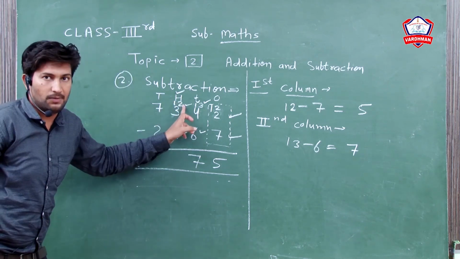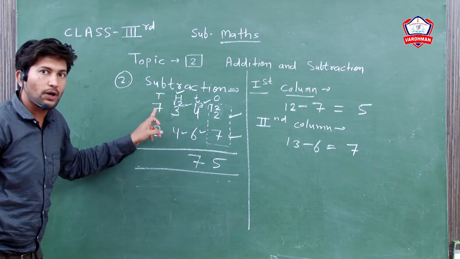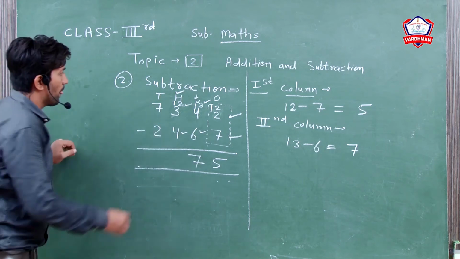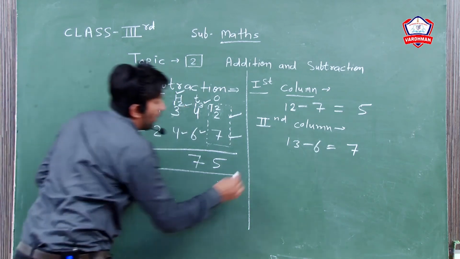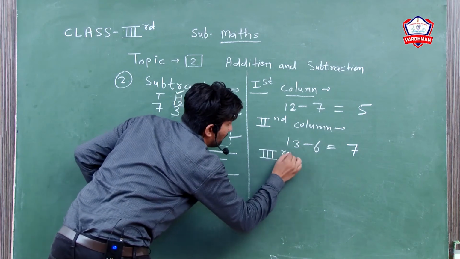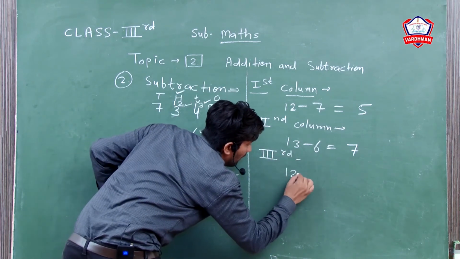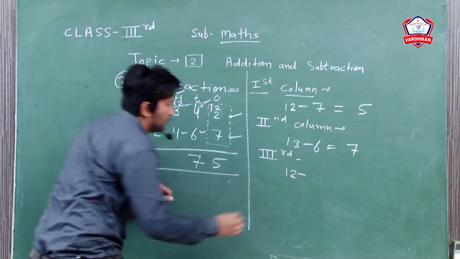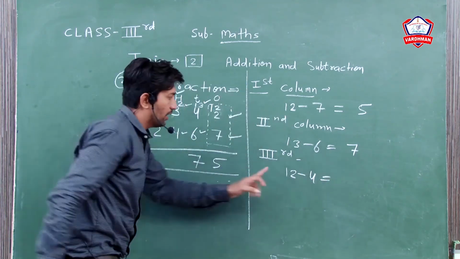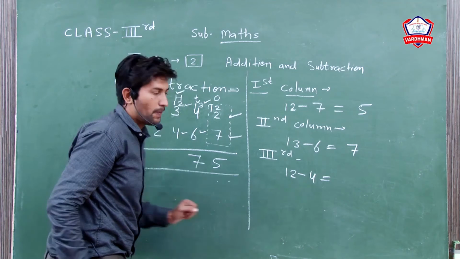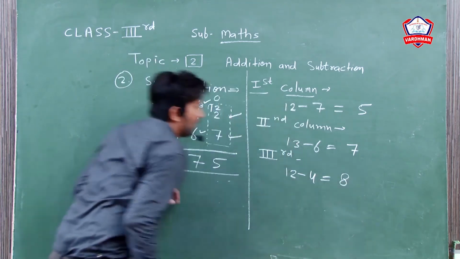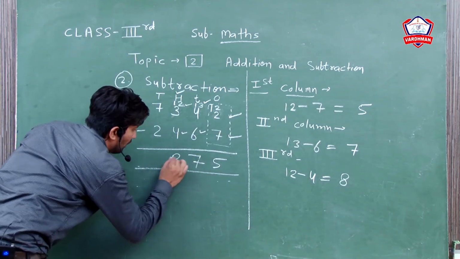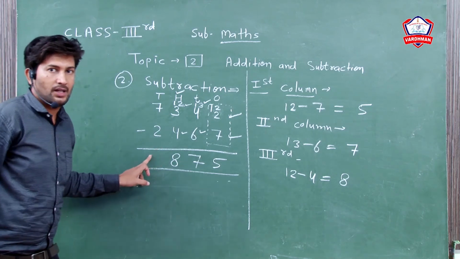It becomes 12. 2 has borrowed a carry from 7. Now 12 less 4, the third column. Now we will easily do 12 subtract 4. It becomes 8.